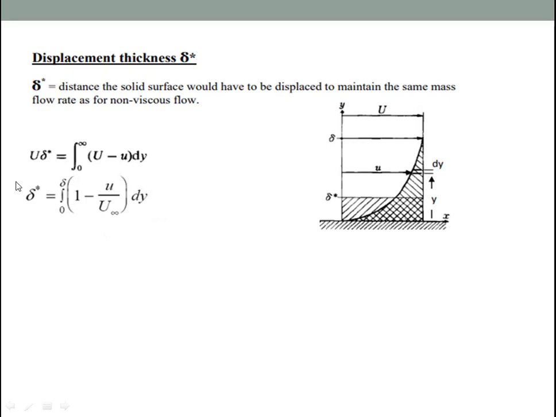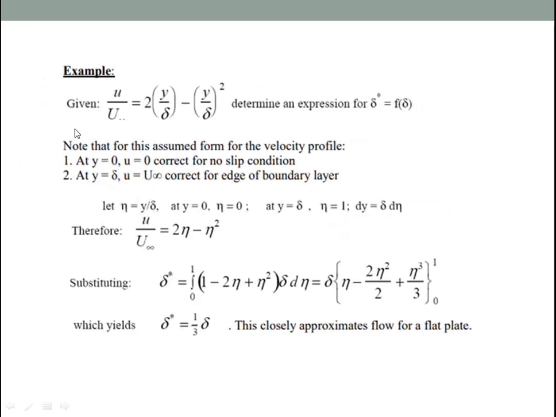Let us take an example on displacement thickness. It is given that u upon u infinity is equal to 2 times y by delta minus y by delta raised to 2. Determine an expression for delta star as a function of delta.